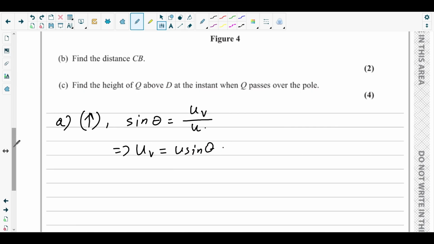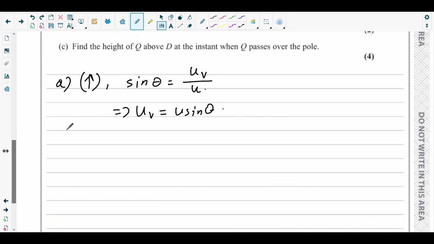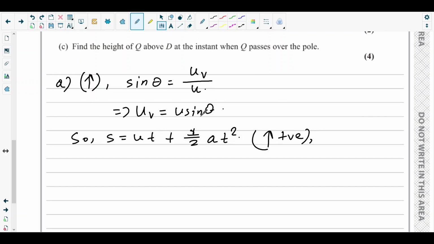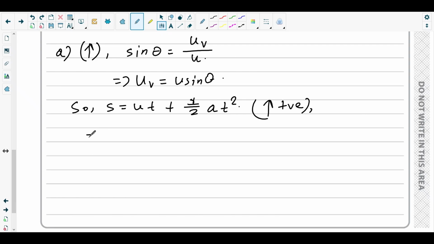Now consider the formula s equals ut plus half at squared. We are taking upward as positive. The displacement s is 0, and the vertical component of initial velocity is u sine theta, so u sine theta times t.